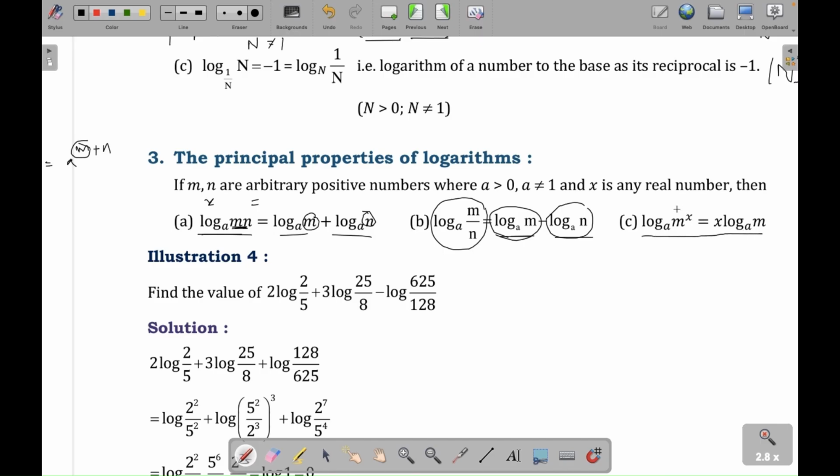Again this applies the rule, a to the power m to the power n is a to the power mn. So powers are multiplied in such cases. So remember that this is power. Whenever you have this, this means power.